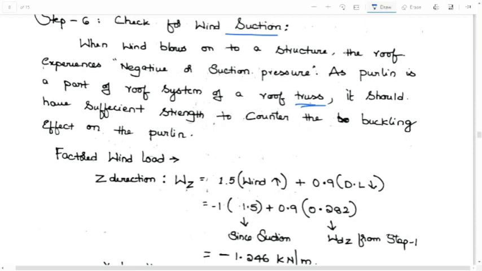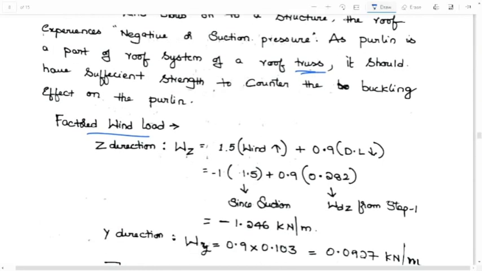So factored wind load should be calculated again, but in this case you also have to calculate the dead load which is acting downward. Okay, so this wind load is -1 because it is a suction, and this factor of safety is 1.5. In order to calculate this WZ, you are considering the wind and dead load. So the factor is 1.5 for wind and 0.9 for dead load.